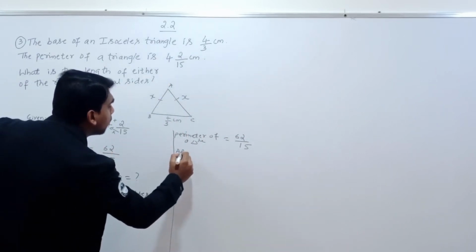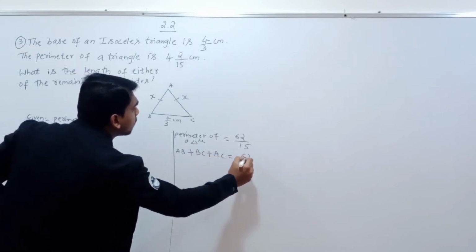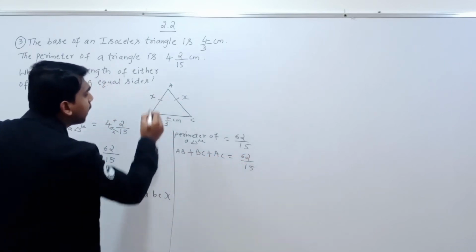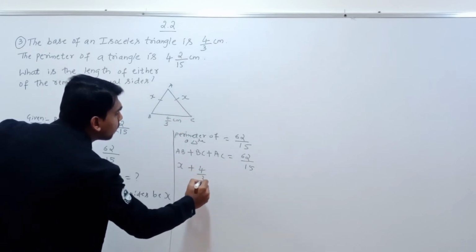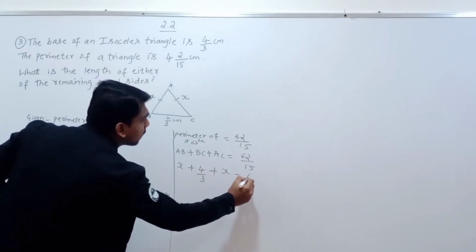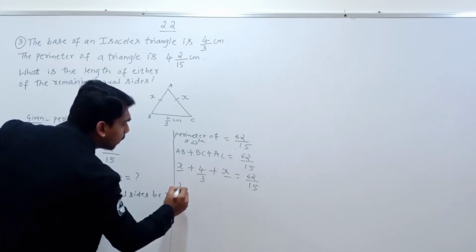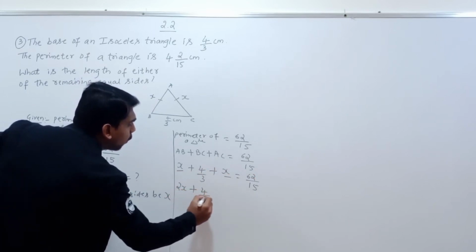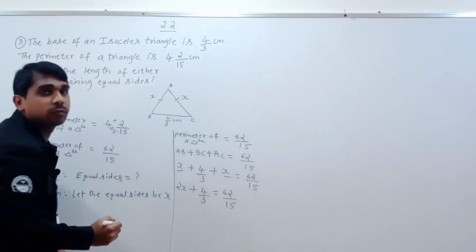That is AB plus BC plus AC is equal to 62 divided by 15. AB value is x, BC value is 4 by 3, AC value is x, equal to 62 divided by 15. Now x plus x will be 2x, plus 4 by 3 is equal to 62 divided by 15.